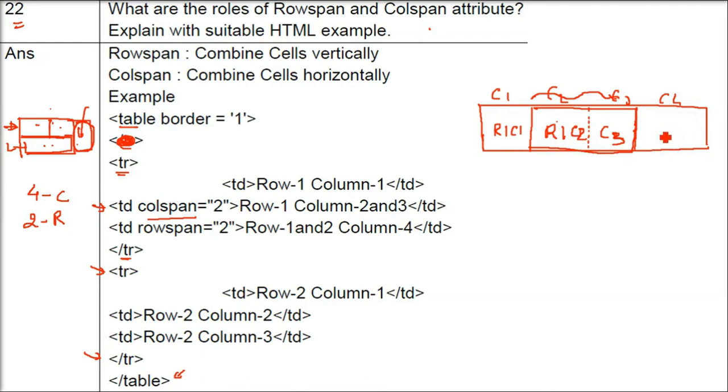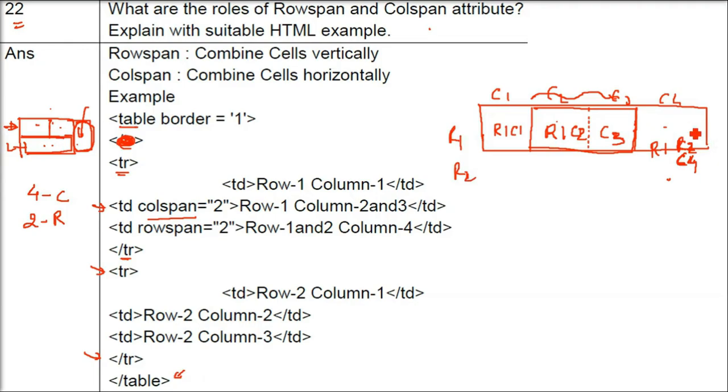Now rowspan should be vertical, so you have to take the below one also, because for the second row also you have to take the cell. So now this whole will be row 1 and 2, column 4. So let me just make it. This will be in both the rows.